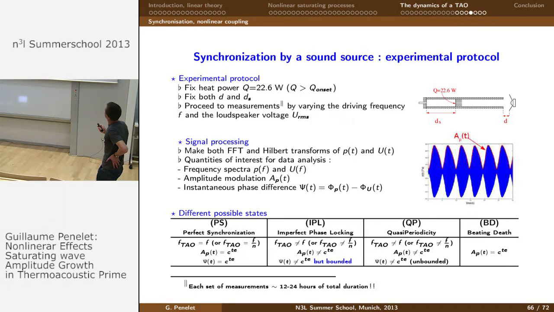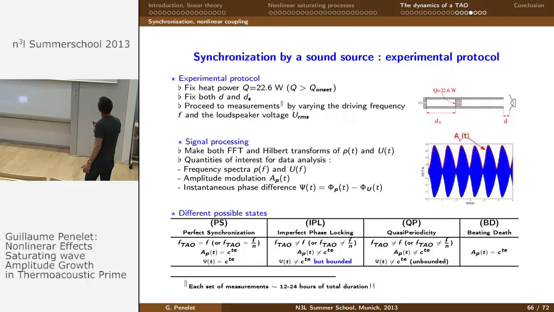In terms of signal processing, what we can do is a Hilbert transform of the data, from which we can calculate the amplitude modulation of the signal, as well as the instantaneous phase difference between pressure and electric voltage. And what we will observe is 4 different possible states. The first one is perfect synchronization, for which the oscillator will shift its own frequency to that of the loudspeaker.